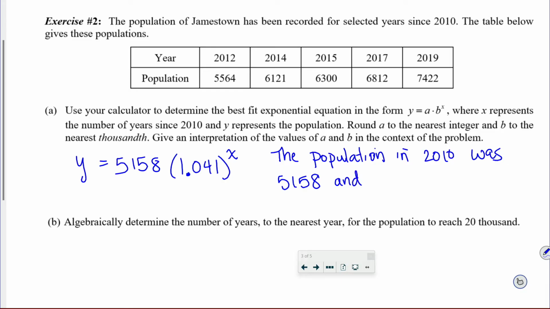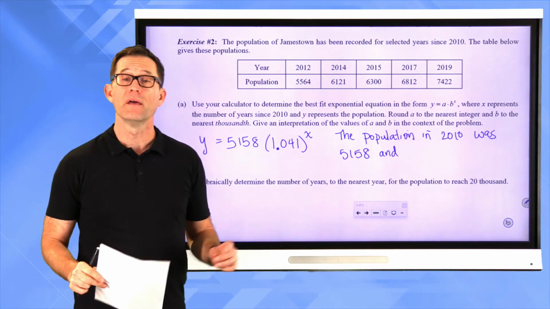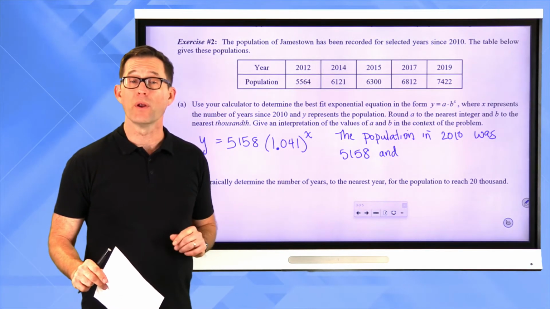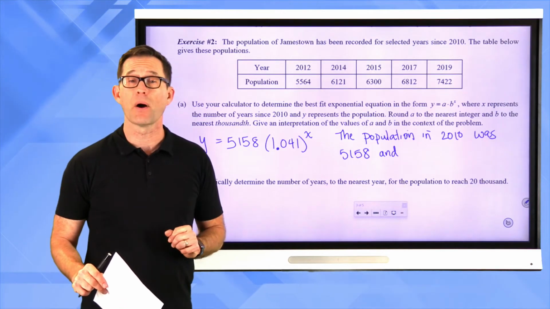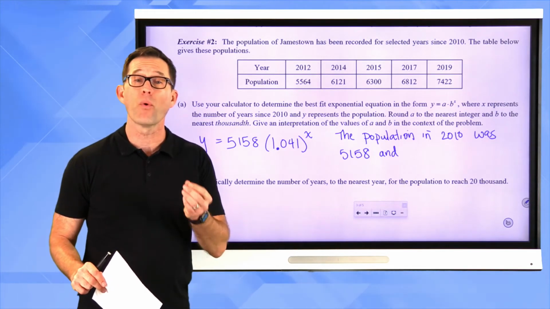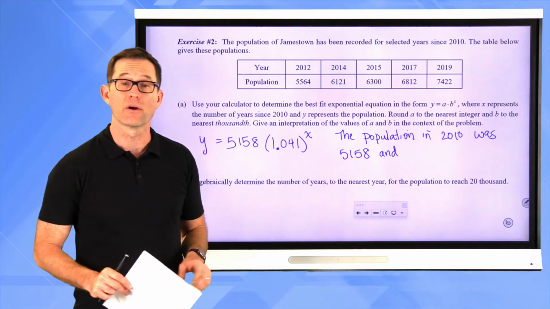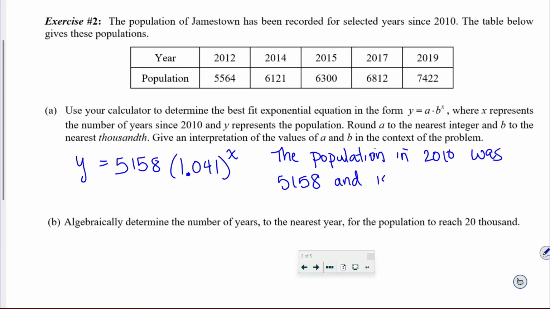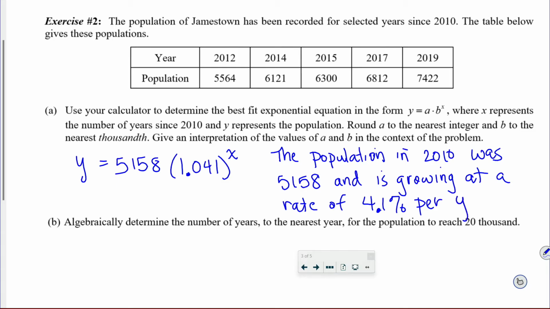And now let's talk about b, right? This is the value of b, 1.041. That tells us that the population is growing at a rate of 4.1% per year.